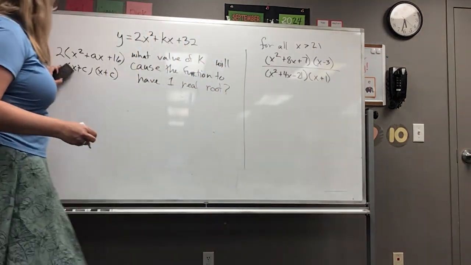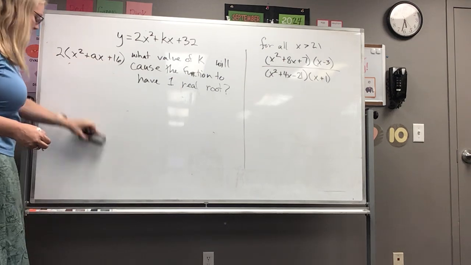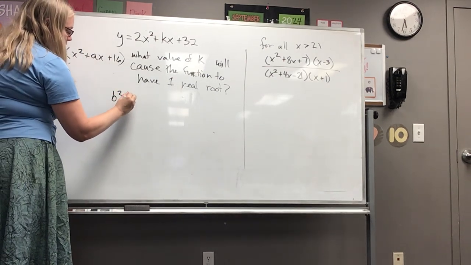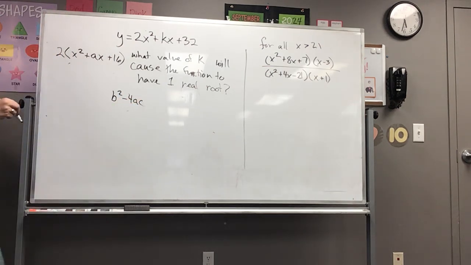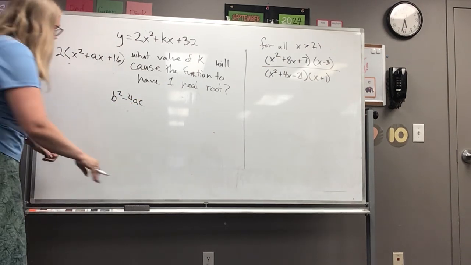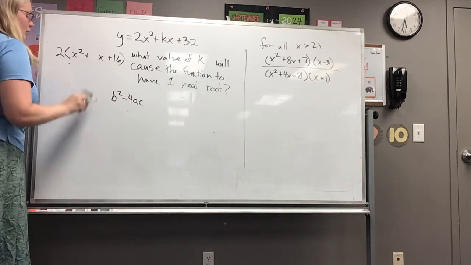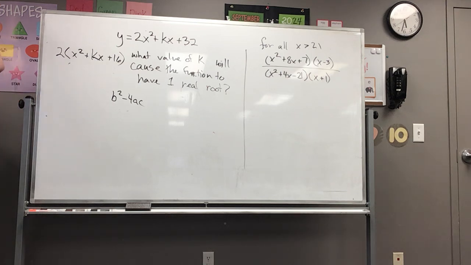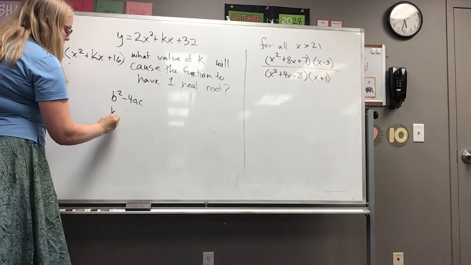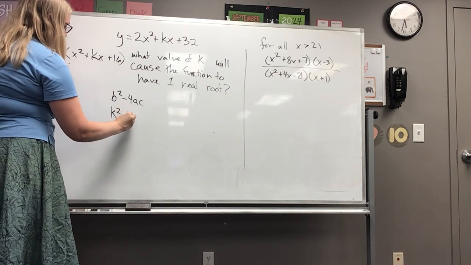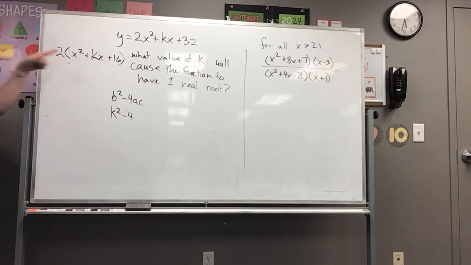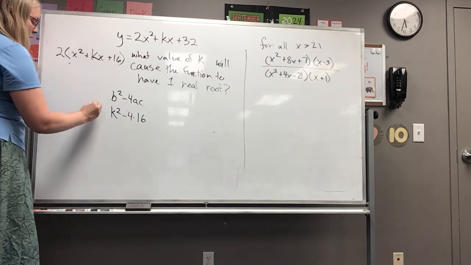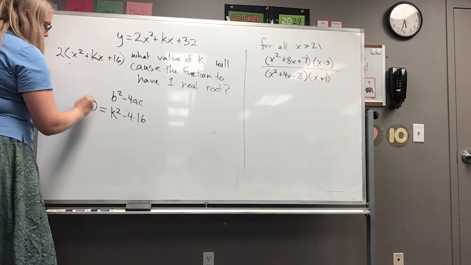So that's what's going on, but we go back to b squared minus 4ac. Oh, I shouldn't use a there, that's bad. We'll use k. K is a good one. And so we're going to have k squared minus 4 times an understood 1 times 16, and we want this to be equal to 0.